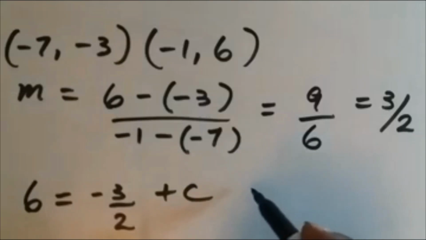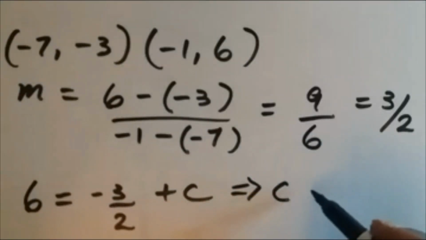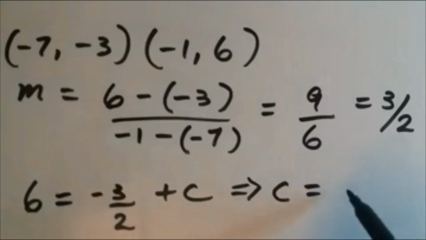If we rearrange this, this implies that c is equal to minus 3 over 2 added to this side will give us 3 over 2, and this will be 12 over 2, which should give us 15 over 2.